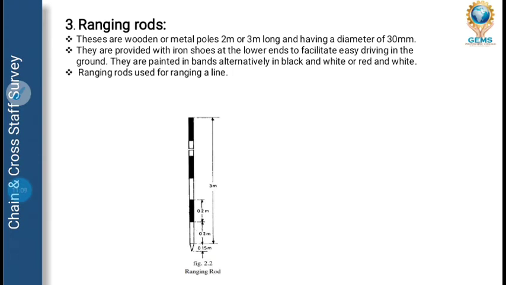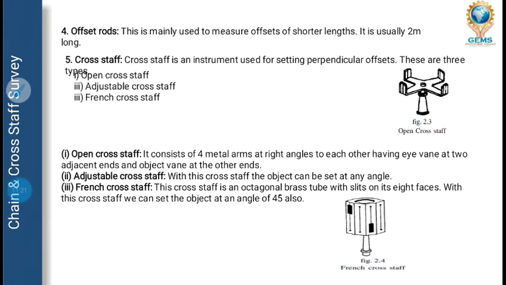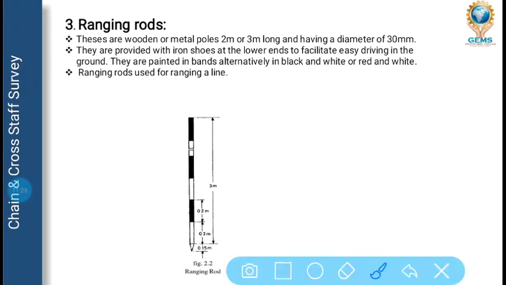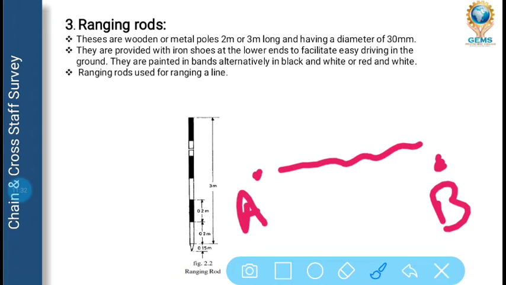Next is the ranging rod. What is a ranging rod? While you do chaining, that is, when you find linear measurement between point A and point B, for example, if this is point A and this is point B, and the chain is here, the ranging rod will be kept at this point, and here also.